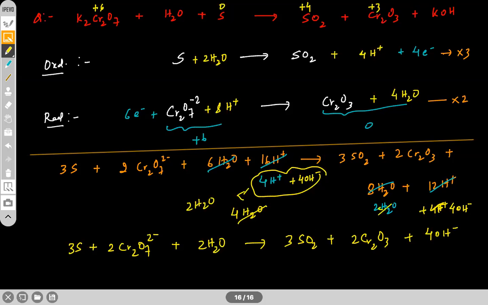This is the balanced reaction we have. Got it? Tell me, any doubt in this?